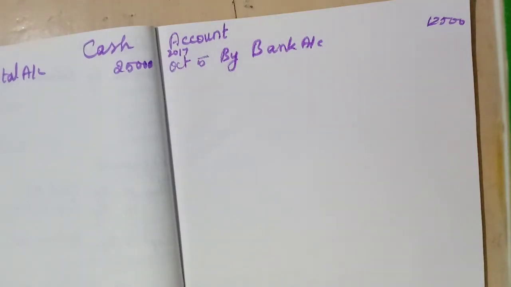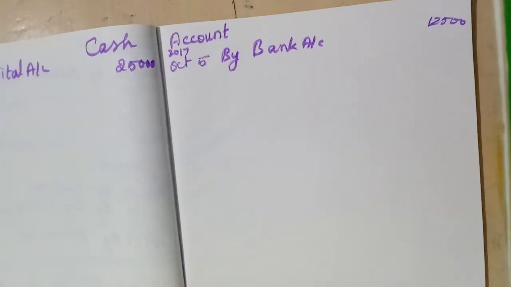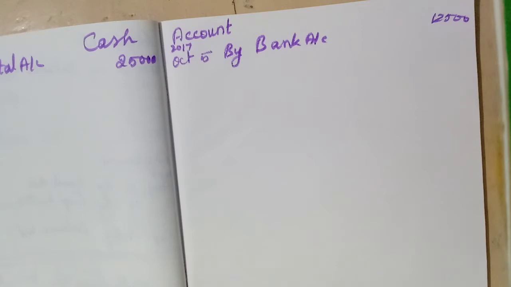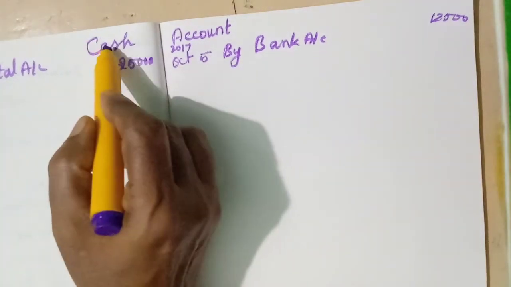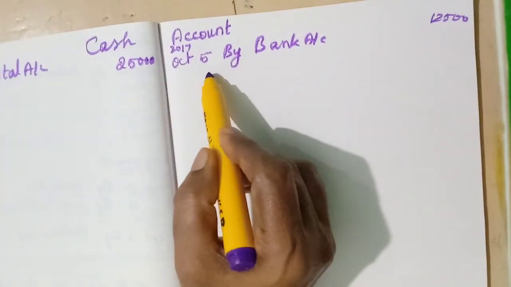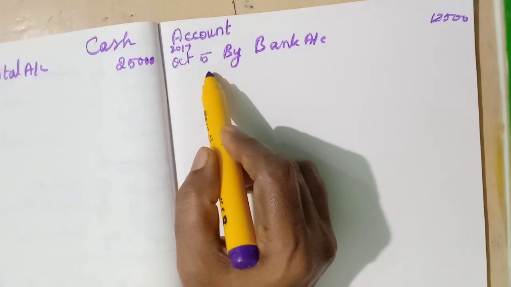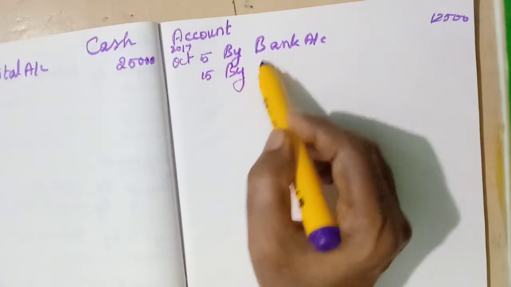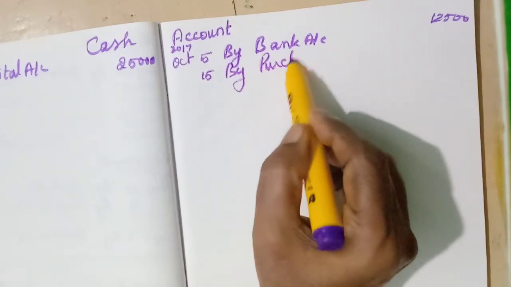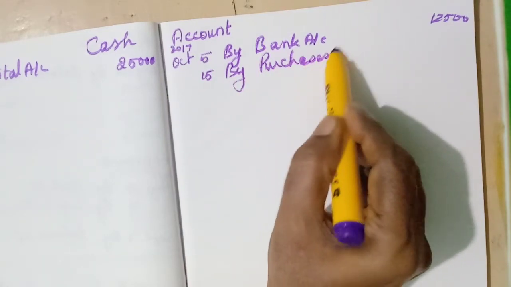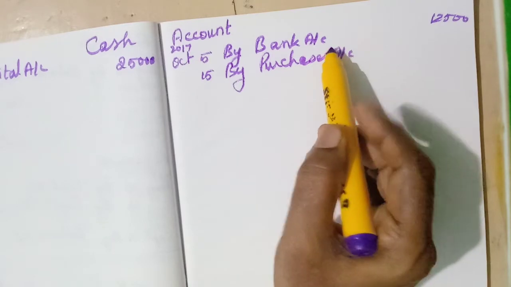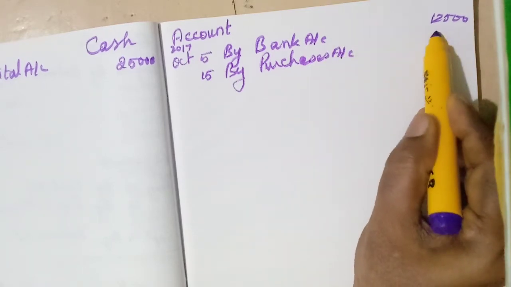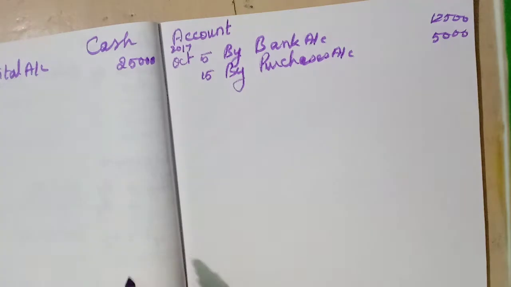Okay. Then 10, there is no cash. 15 cash, isn't it? There, purchases account debtor to cash. So this side we have to enter. First write the date. 15. Here by purchases. Purchases account. 5,000. Okay. Then 19.